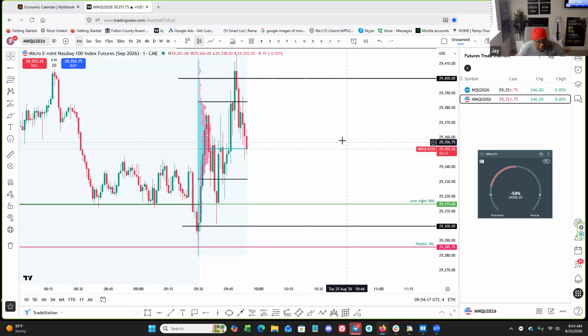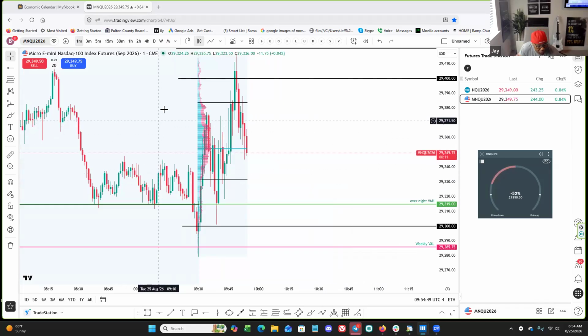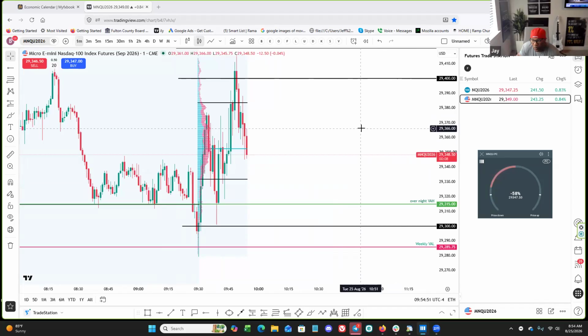So I would just chill and wait till price started to rotate and then look for something on the tape to give me an indication that I need to stay in a buy. Because if you don't, you end up getting messed up. All I really need to do is get like 70, 80 ticks or so to meet my 100 tick goal for the day. And I'm cool.